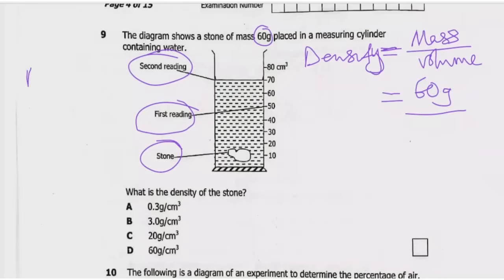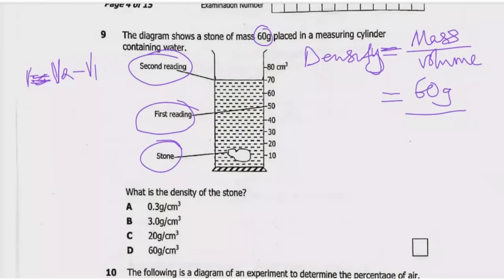So volume of the stone is equal to, first we write, the final volume, which we can call volume 2, that is the volume of water plus the volume of the stone, then minus the first volume, which is the volume of water alone before the stone was placed in.